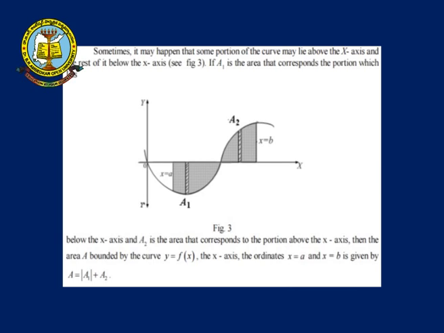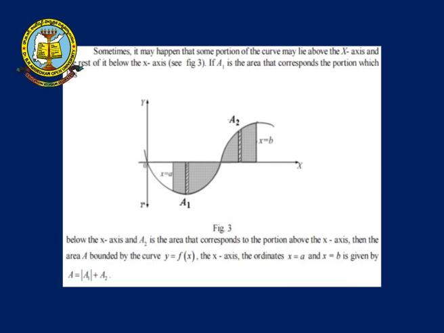Now, I want to identify the area between the region x equal to a and x equal to b. Below the x axis we identify the area A1, and we identify the area A2 corresponding to the portion lying above the x axis.